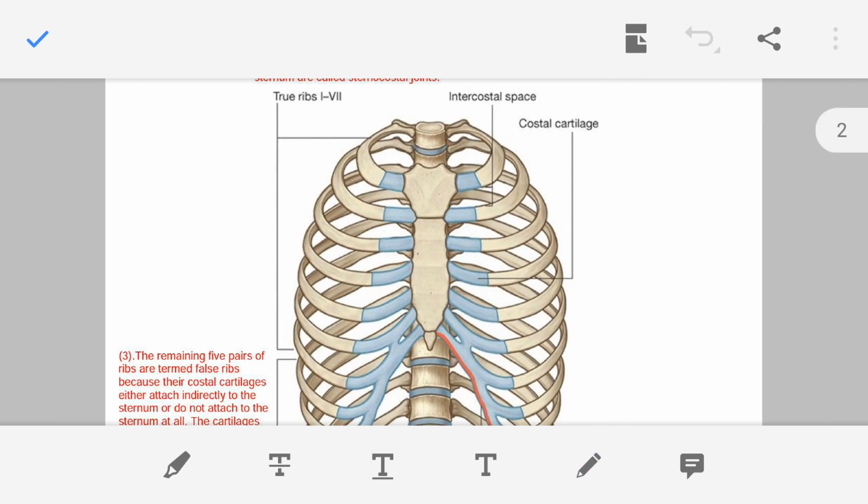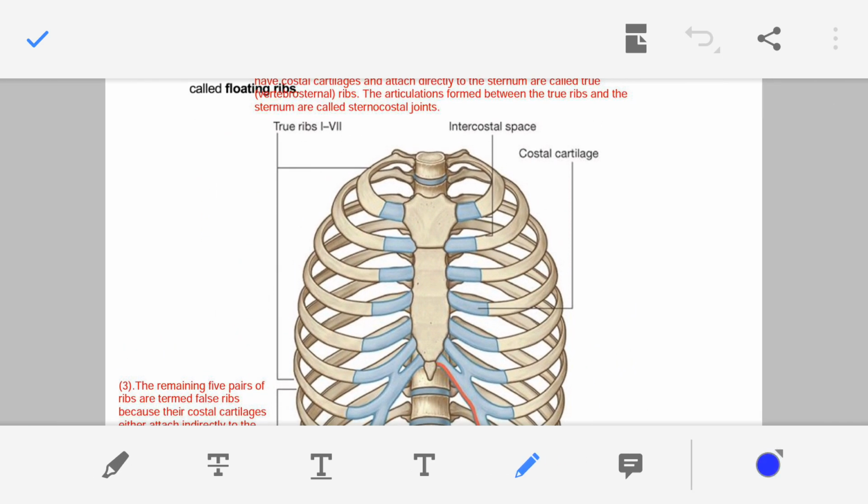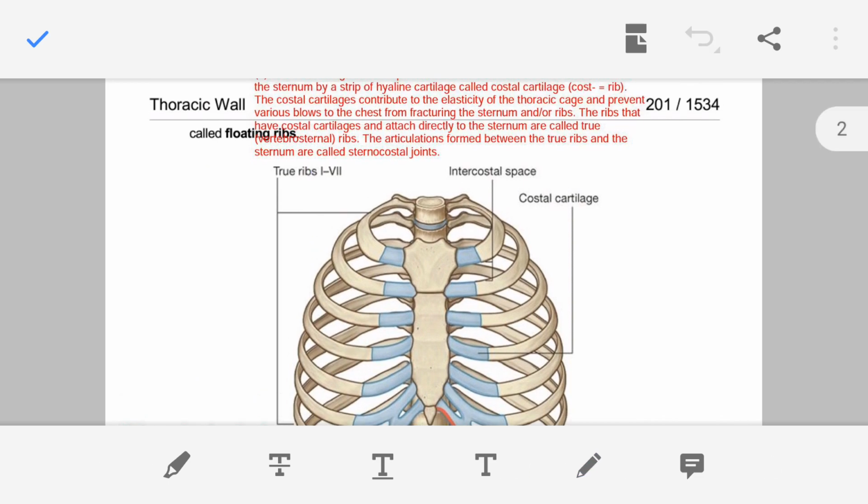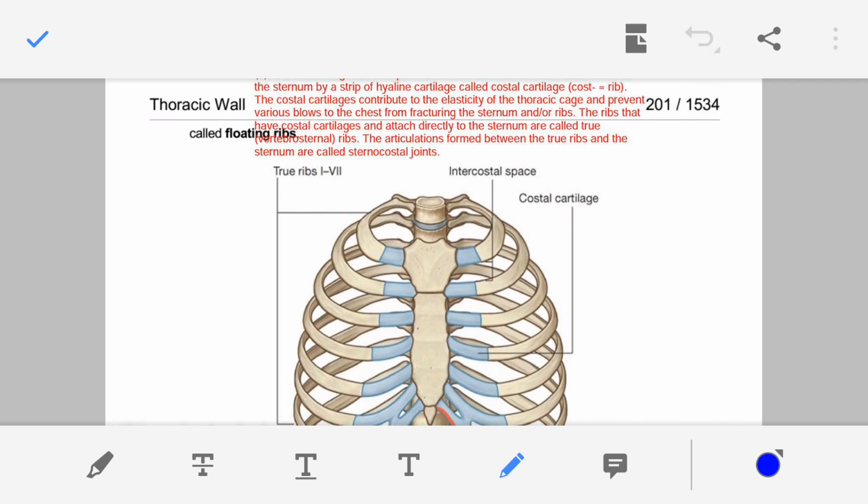So for example, ribs number 1 to 7 are the true ribs, and they are articulating with the sternum on the anterior surface.